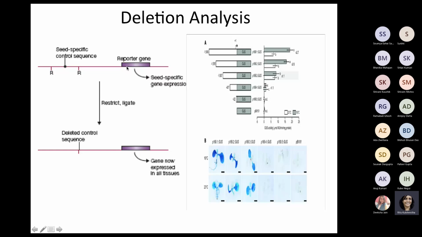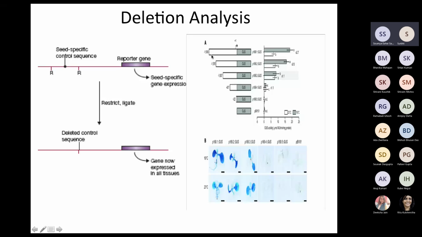But when I deleted it further, then that activity of heat inducibility completely went. I did not see an induction in GFP. So what will I conclude? That the region for heat inducibility lies between this and this region. Is this clear? I'll come to other examples which are shown here, but I wanted to relate it with the previous example that I told you. Is this clear why you want to do deletion analysis step by step?